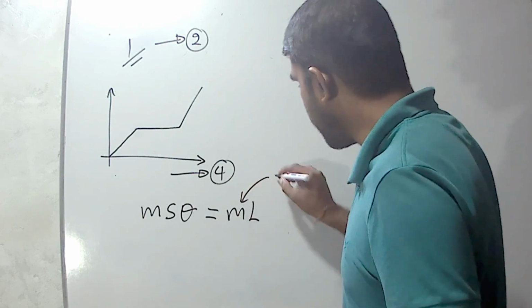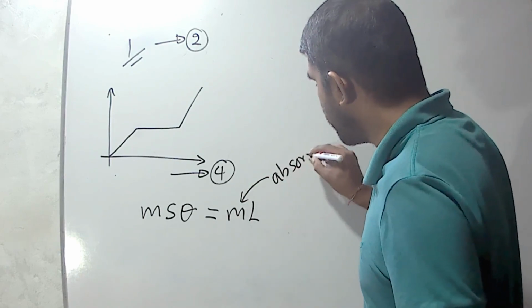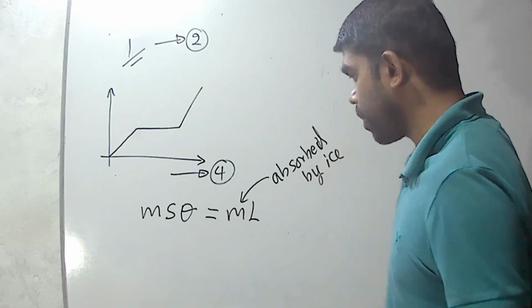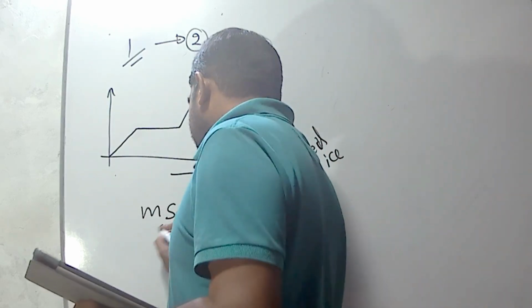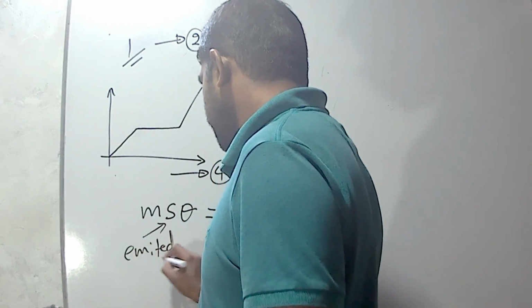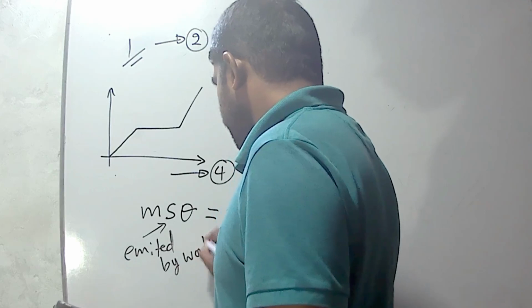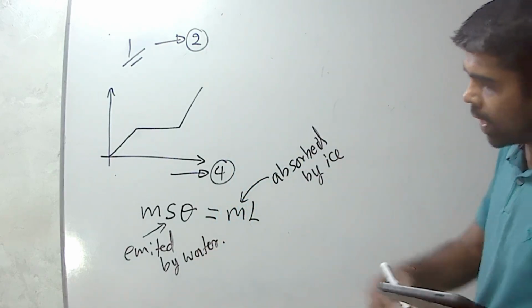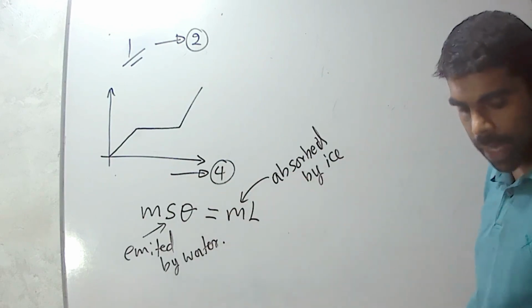This one is heat energy absorbed by ice. This one is heat energy emitted by water. This one is the normal relationship.